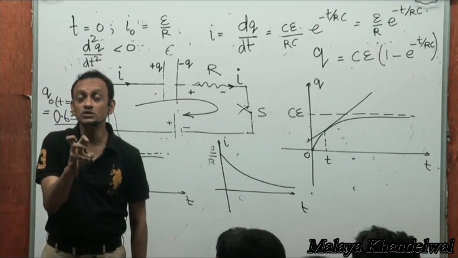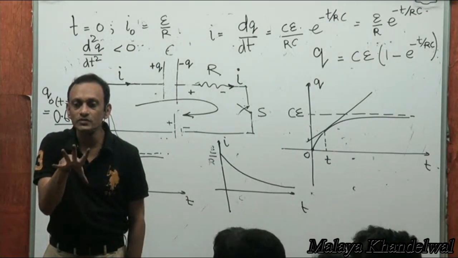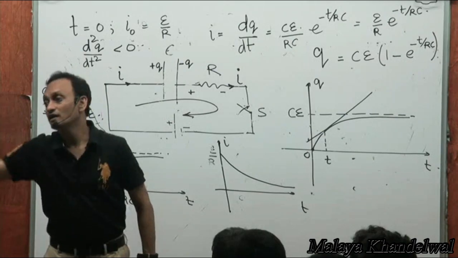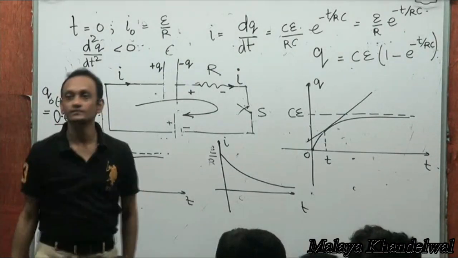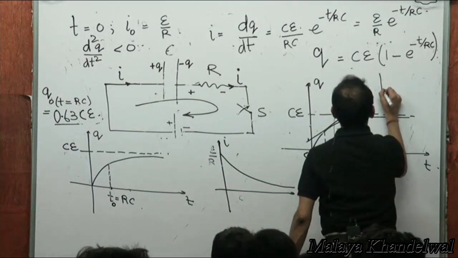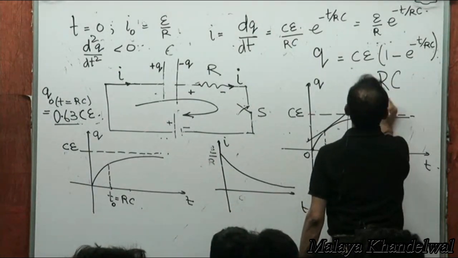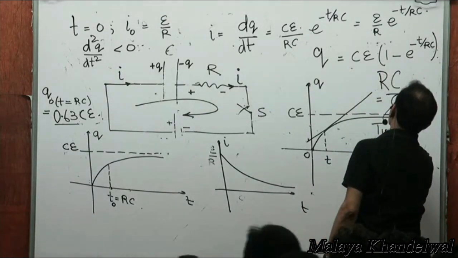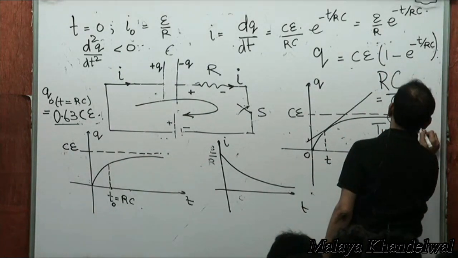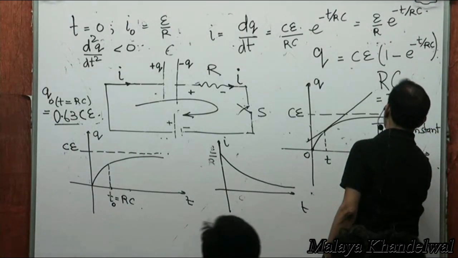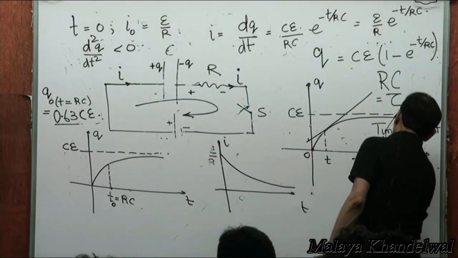This value of RC will be an indication as to how quickly steady state can be attained in that circuit, right? This RC is an important factor and is called the time constant of the circuit, referred to as tau, the time constant of the RC circuit. This is called an RC circuit.